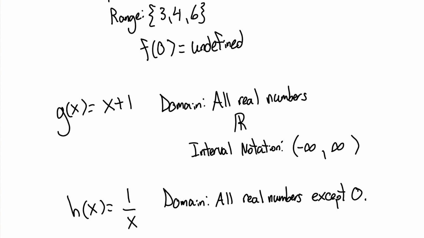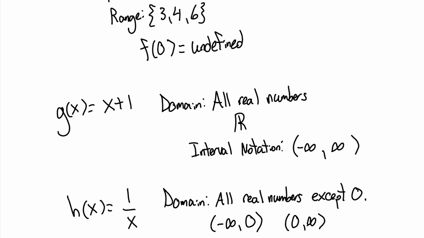So in this case, how we would write that we exclude 0 is that we would write, okay, the lowest number, there still isn't one, so we go to negative infinity, and then we'd go up to 0. Now we're not including 0, so we use a parentheses. And then we also have all the numbers between 0 and infinity.